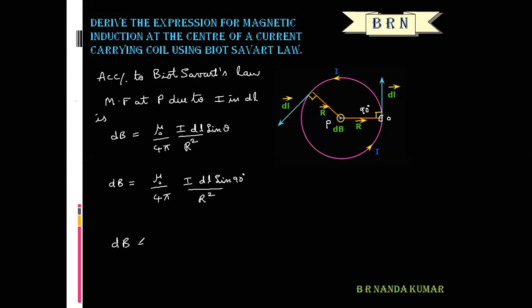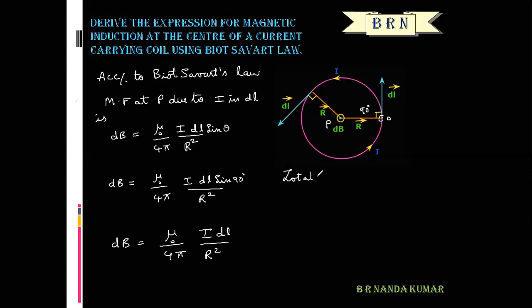So dB is equal to mu naught divided by 4 pi, I dl divided by r square, since sine 90 is 1. But we want the magnetic field at point P due to the current in the entire loop. So what we have to do is just integrate this equation on both sides.